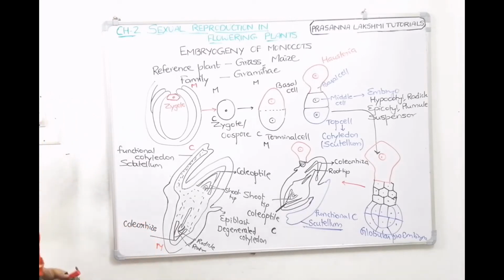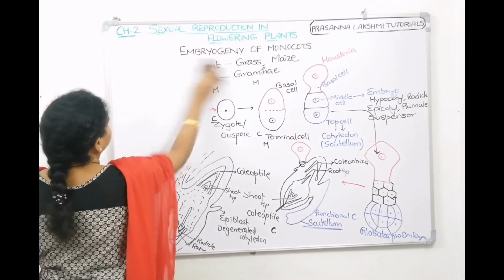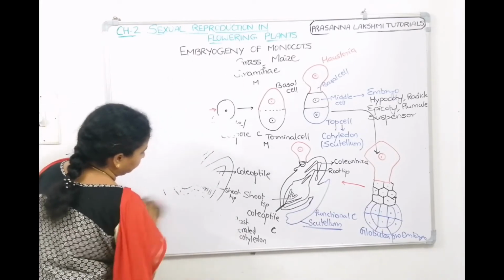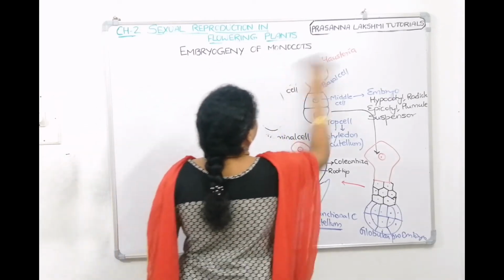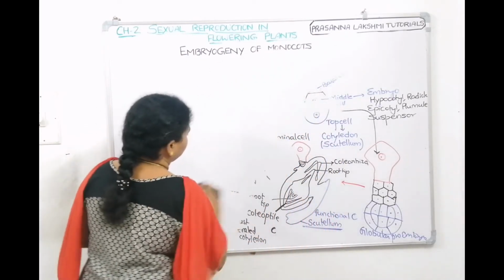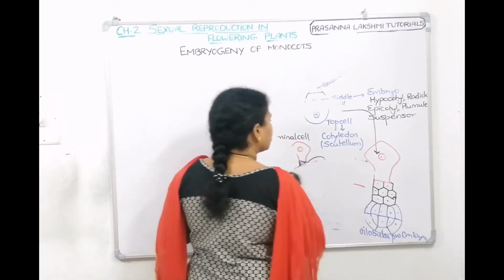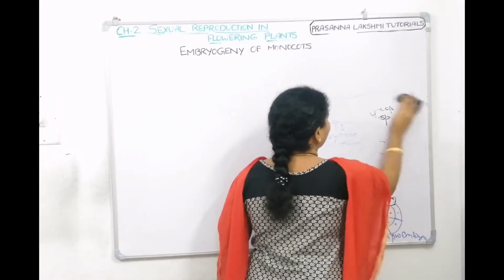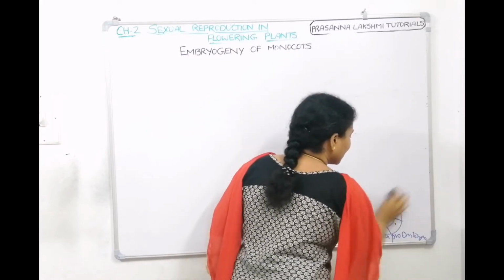Now, when we see the structure of monocot seed, dicot seed has two cotyledons, but monocot seed has only one cotyledon, right? And dicot seeds are generally non-endospermic. Monocot seeds are endospermic.